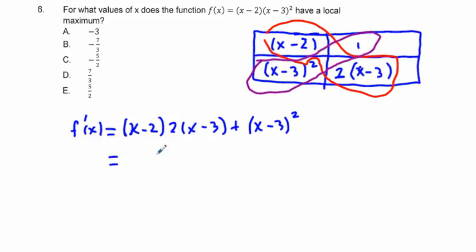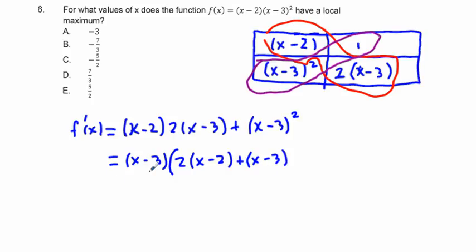And what we're going to do is take our common factor of these two terms, which is going to be quantity x minus 3. What we have left over after factoring out quantity x minus 3 is 2 times quantity x minus 2, and from quantity x minus 3 squared, the factor we have left is simply x minus 3.